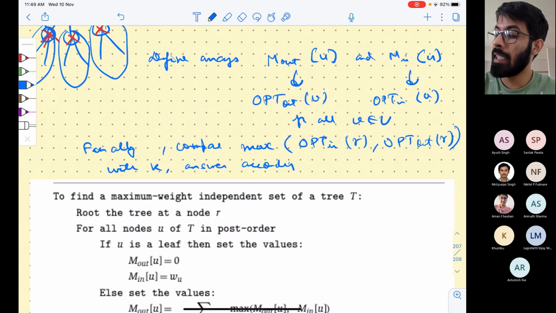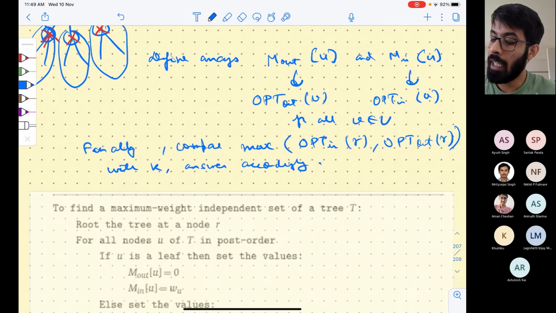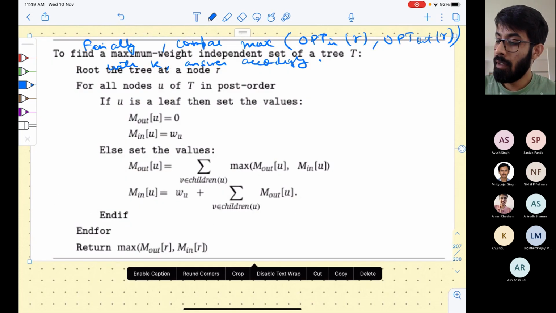If the max is at least K, then say yes. If it is less than K, then say no, right?